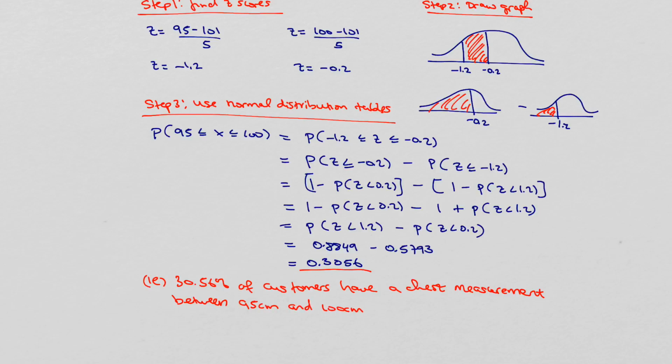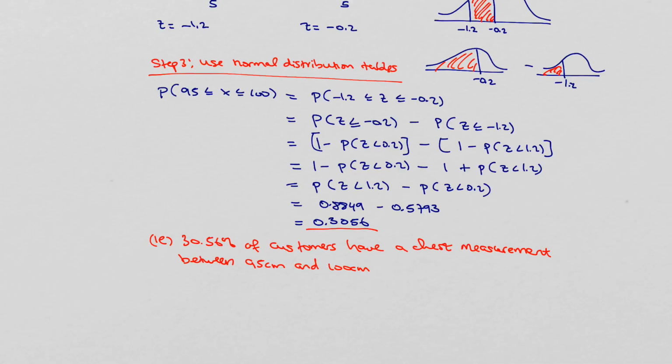The last part of the question says, if there are 80 customers, how many of them will lie between this range? So we would get 30.56% of 80 customers, and that would give us 24.448.